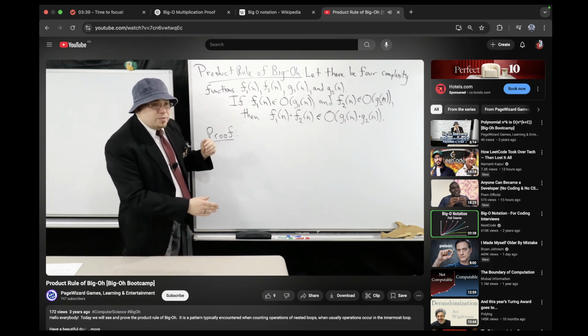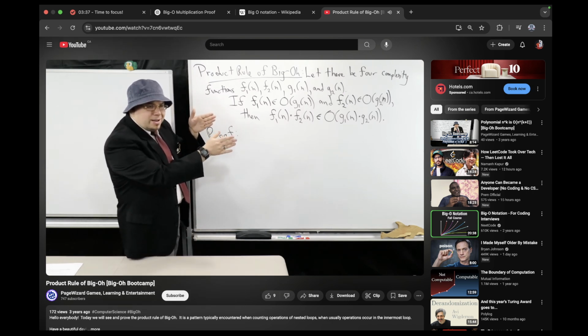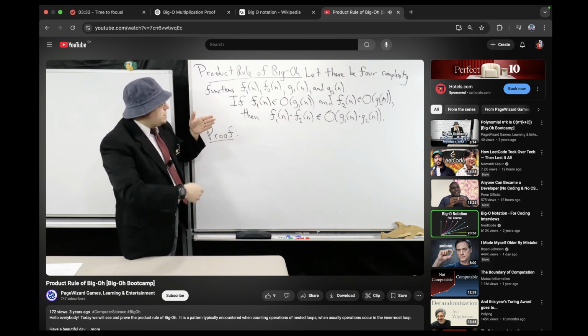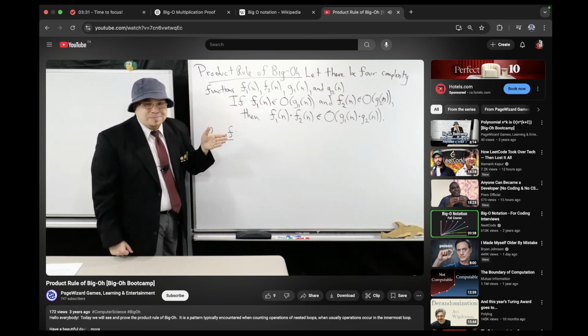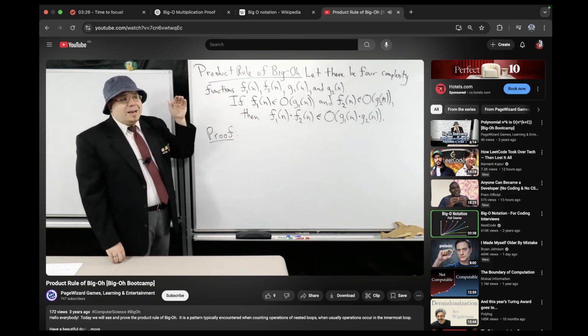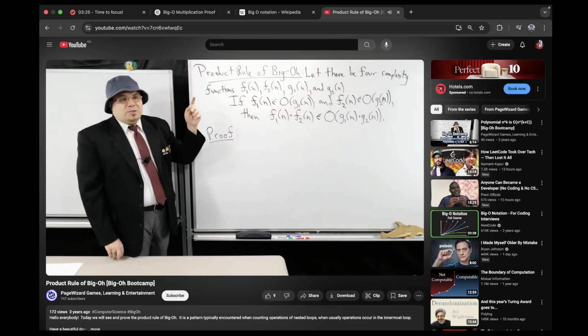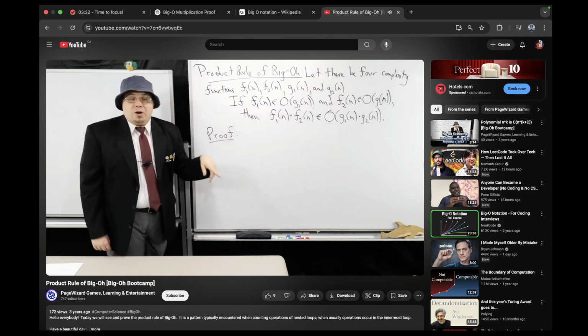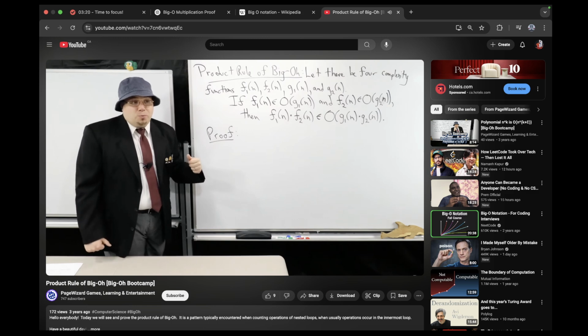You may count the number of times an inner loop iterates, or the amount of work that occurs or number of operations that happen within that loop. This may be, for example, F2, and F1 may, for example, be the amount of operations that occur on the outermost loop. So this would be, say, the number of iterations of the outermost loop. That would be most likely what F1 would be.